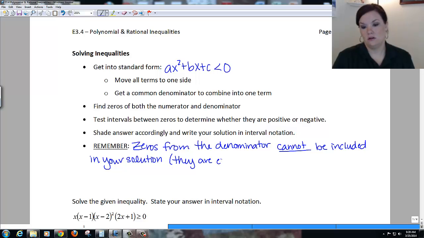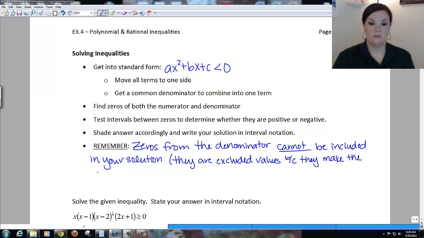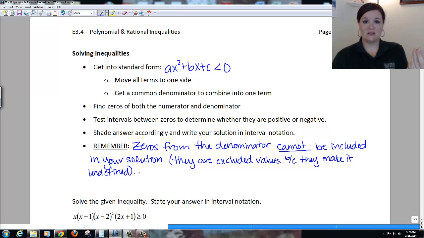They are excluded values because they make it undefined. Okay, remember, if we include a 0 from the denominator, what that means is if I take that value and plug it back in, it makes my denominator equal 0. And we can't have a 0 in the denominator of a fraction because that makes it undefined.